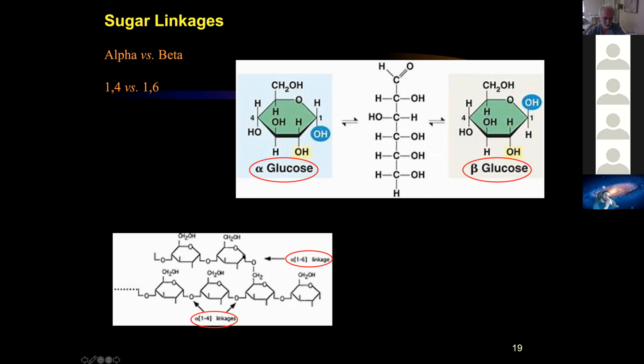So now you have the number 1 carbon of one chain linked to the number 6 carbon on the adjacent chain. So that is a 1,6 linkage. And again, either 1,4 or 1,6 can be either alpha or beta. So that's just a comment about the nomenclature that you'll see when you read about polysaccharides.